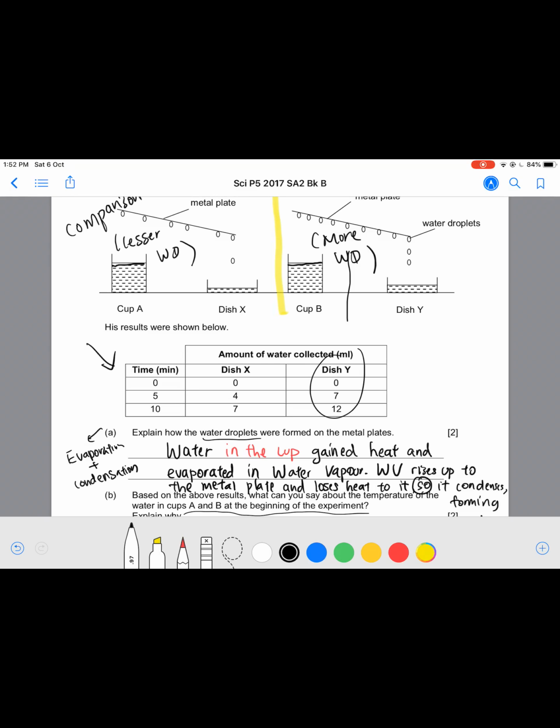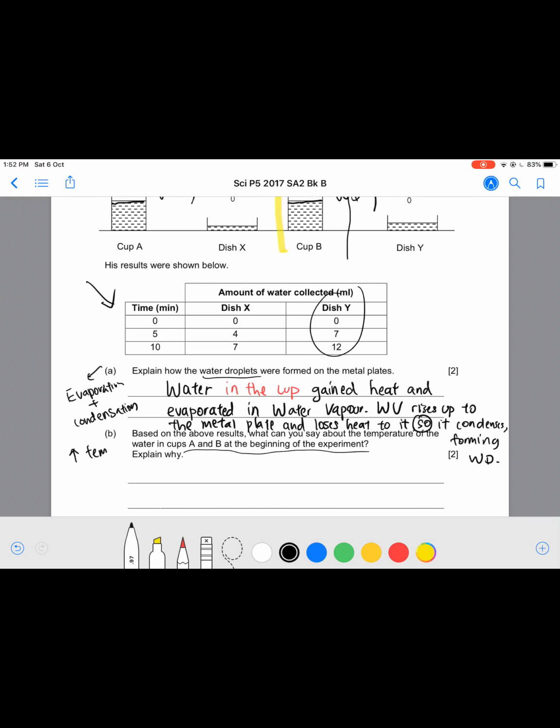Alright, with lesser evaporation, what does that tell me about the temperature? You know that the higher the temperature, the greater the evaporation, right? So since there are fewer water droplets, it means that condensation is lesser, evaporation is lesser. That means the temperature also must be lower in A. Alright, so what can I say? I will say that A has a lower temperature. Why so? I'm now going to focus on part A, because my answer is centered around A. Why does A have a lower temperature?